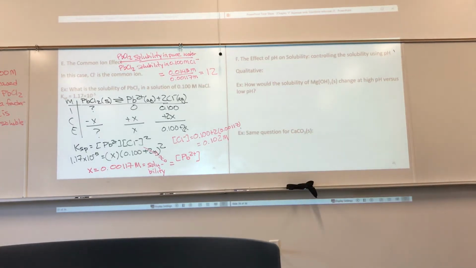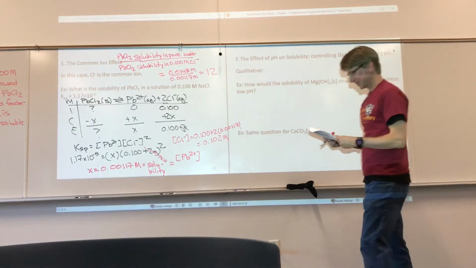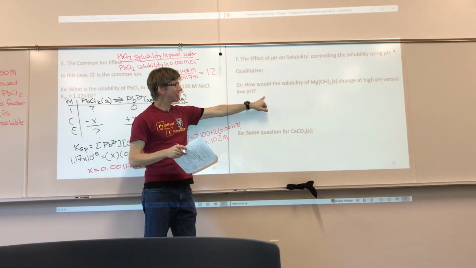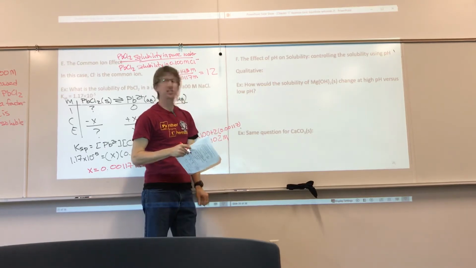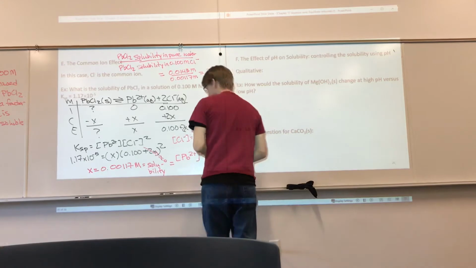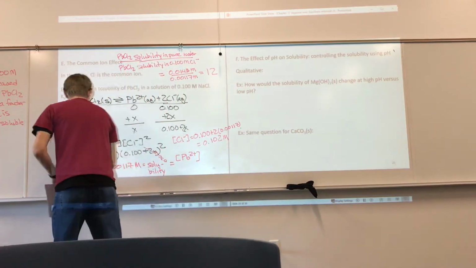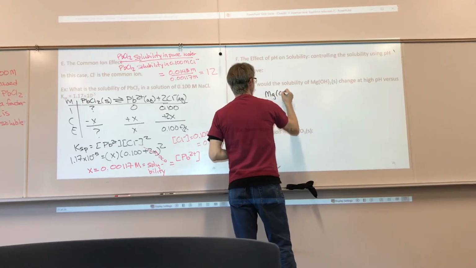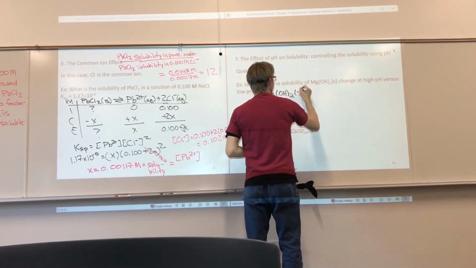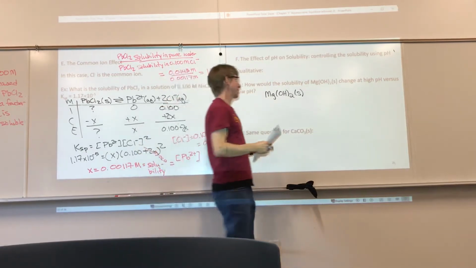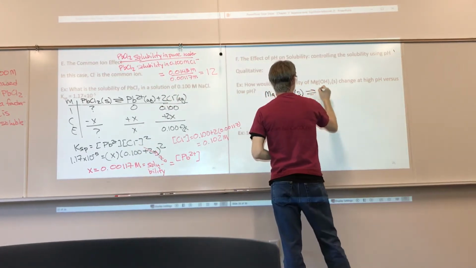That means without numbers. How would the solubility of magnesium hydroxide solids change at high pH versus low pH? Let me write out the solubility reaction for magnesium hydroxide. It's just going to be magnesium hydroxide dissolving.